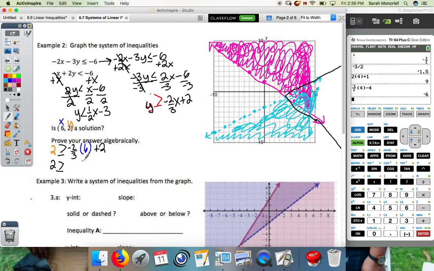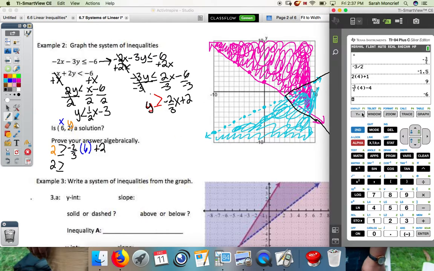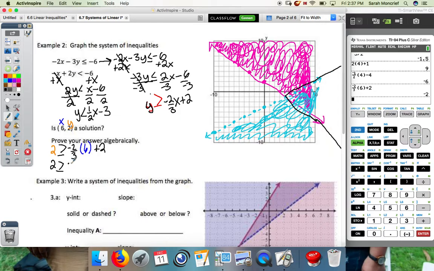But now let's simplify negative 2/3 times 6 plus 2. And what do I get? Negative 2. So now, is 2 greater than or equal to negative 2? Yes, it is. So far it works out. It is a solution to our first one.